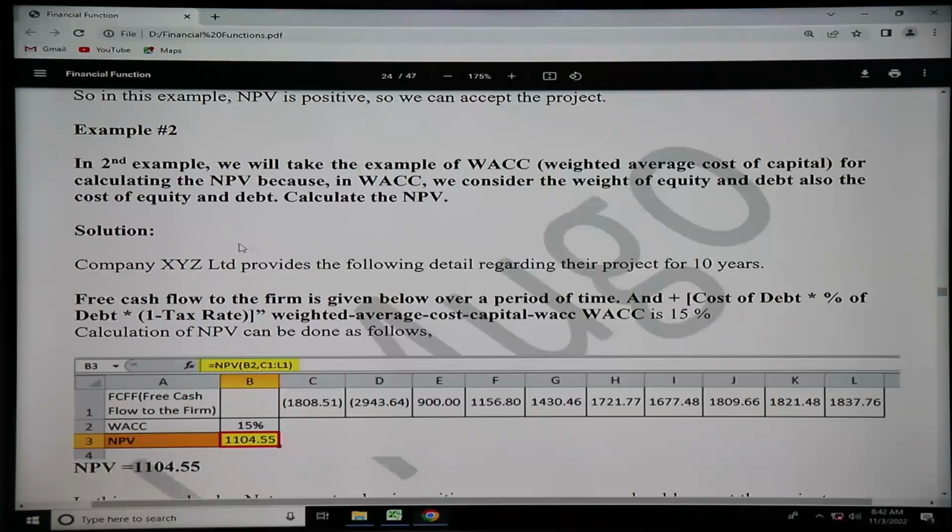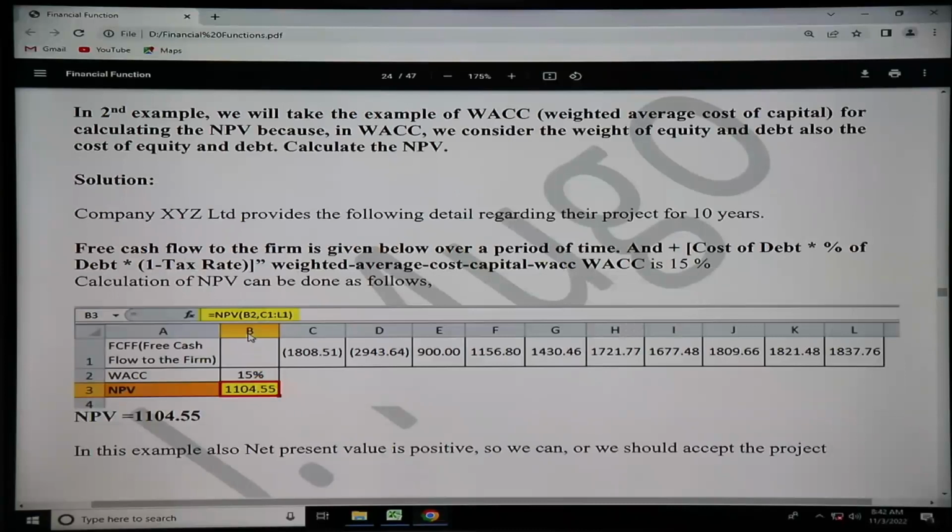And by having this, the company XYZ Limited, with the following details, wanted to calculate the net present value for 10 years.